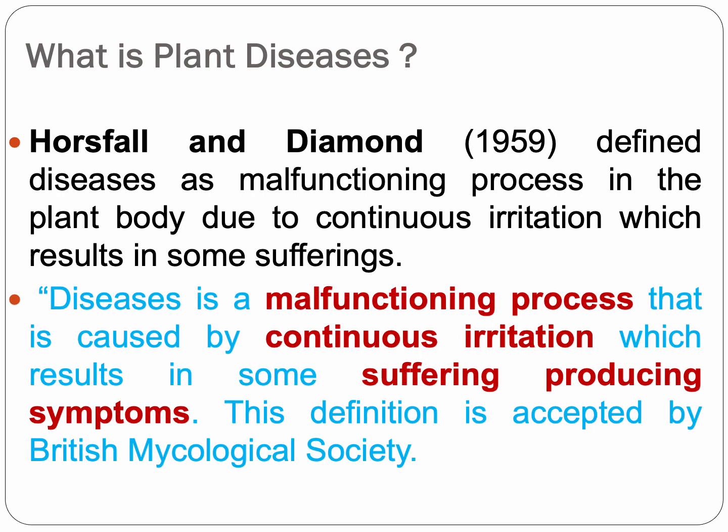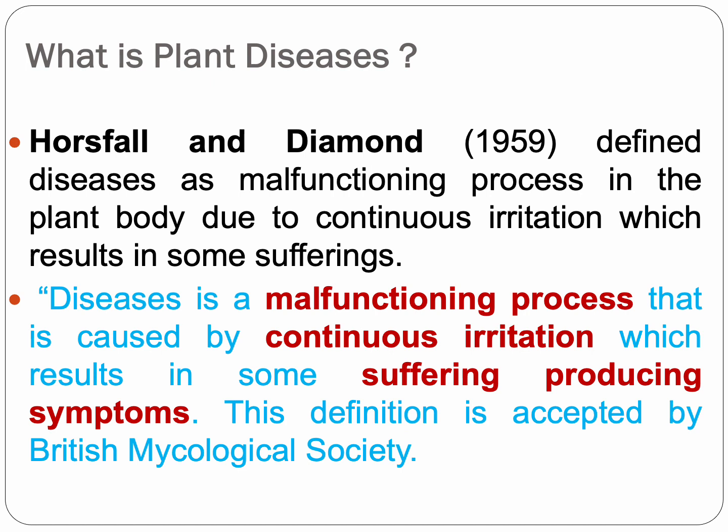Or it can be defined as a malfunctioning process that is caused by continuous irritation which results in suffering, producing symptoms. This definition is most popular and is accepted by the British Mycological Society.